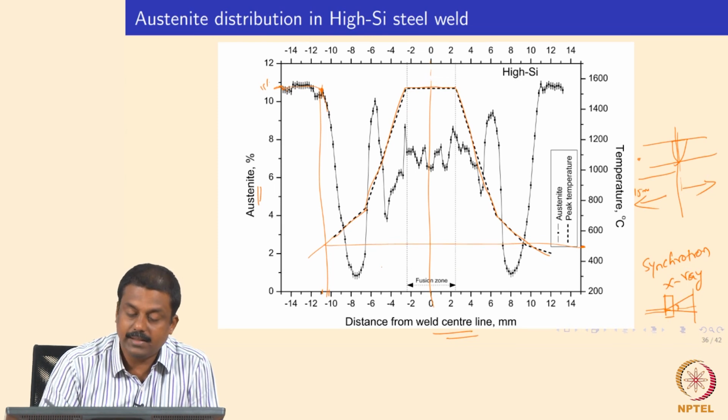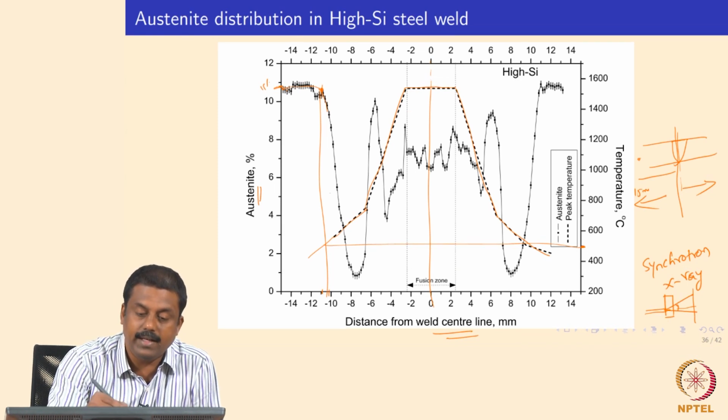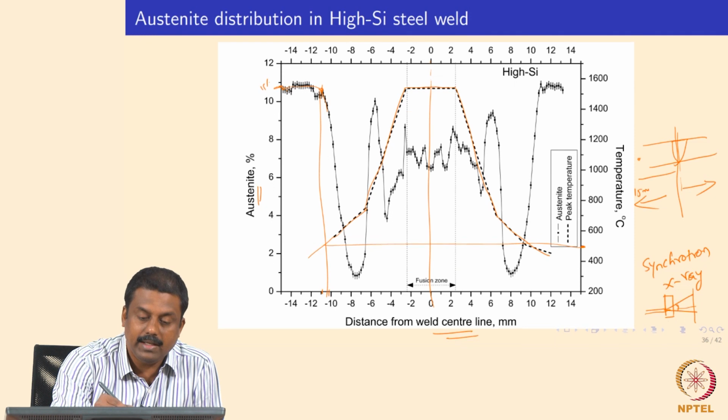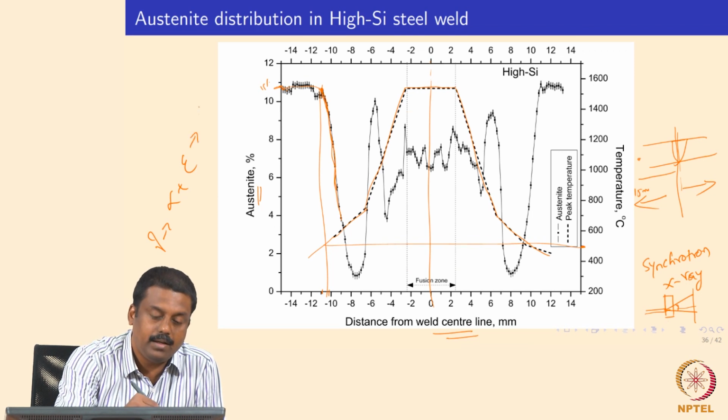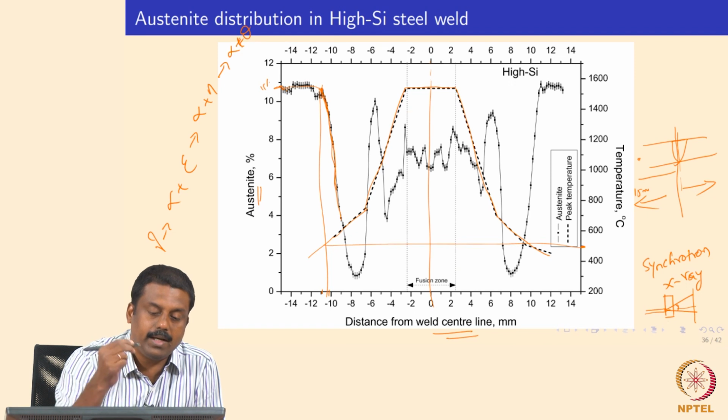So what happens in this case? The moment the temperature goes around 500 degrees centigrade, the retained austenite fraction starts to decrease. Recall from the magnetic measurements that the retained austenite is transforming into ferrite and the carbide mixture. The austenite would start transforming first into epsilon carbide and eta carbide, and subsequently cementite.